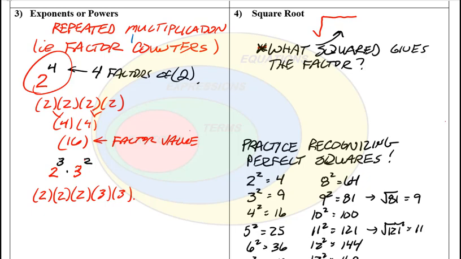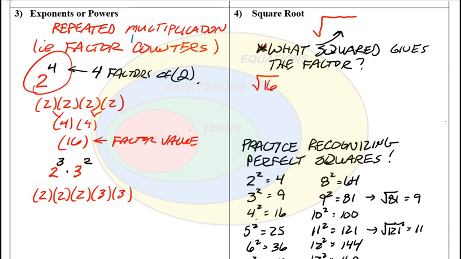Then square root is another factor operator. The square root is basically the inverse of squaring something, or taking something to the second power. So when you see a square root symbol, you're basically asking yourself, what squared gives this factor? So if you think of the square root of 16, 16 is a factor and the operator is the square root. What do I square to get 16?